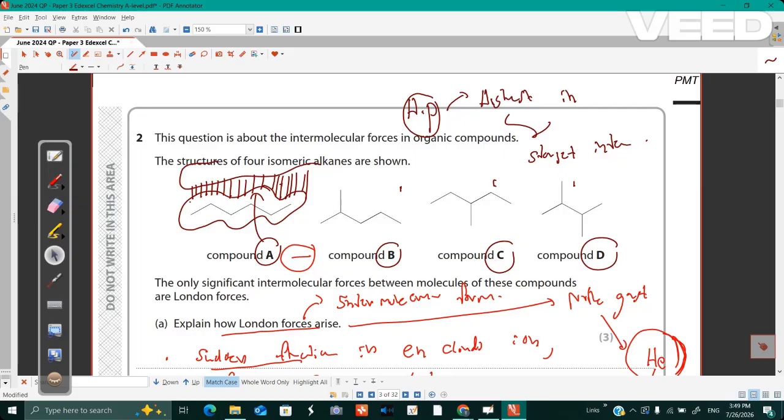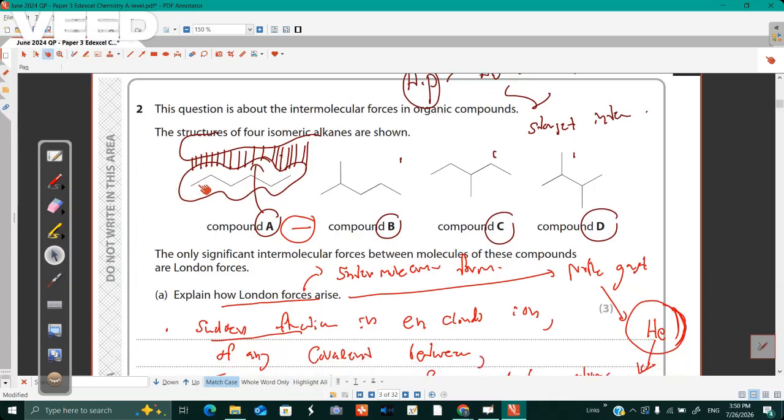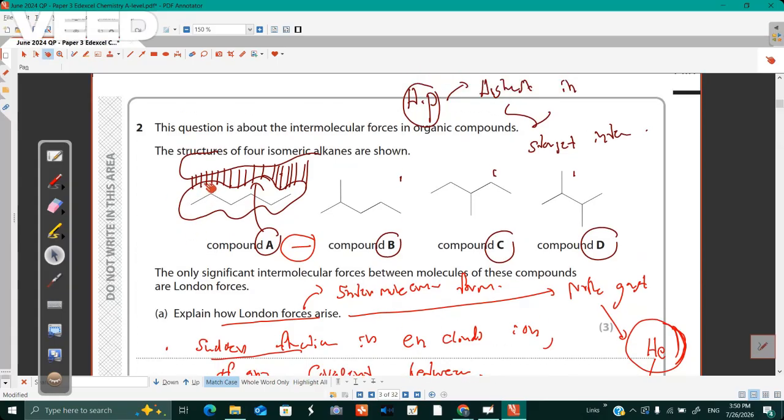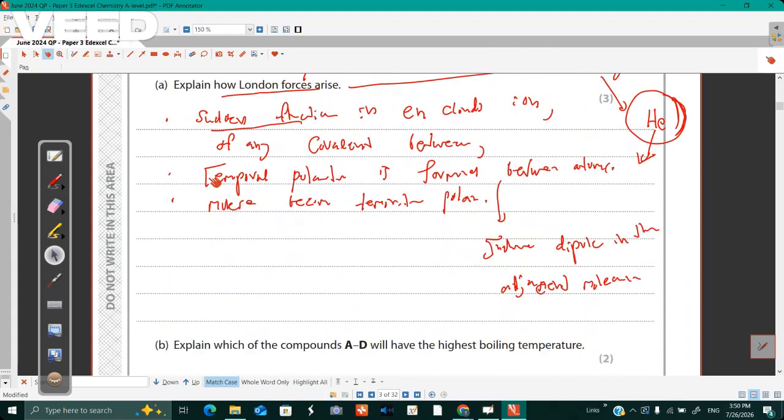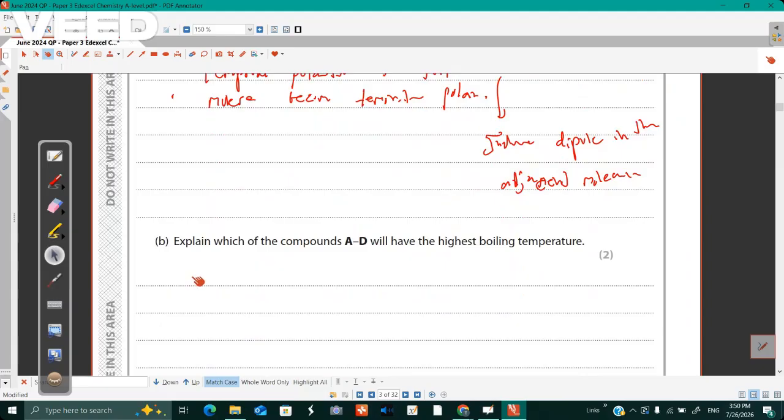Since more area is exposed, stronger London forces are there in the least branched one. Stronger London forces mean greater boiling point and melting point. So what they're asking is, from A to D, which has the highest boiling temperature.